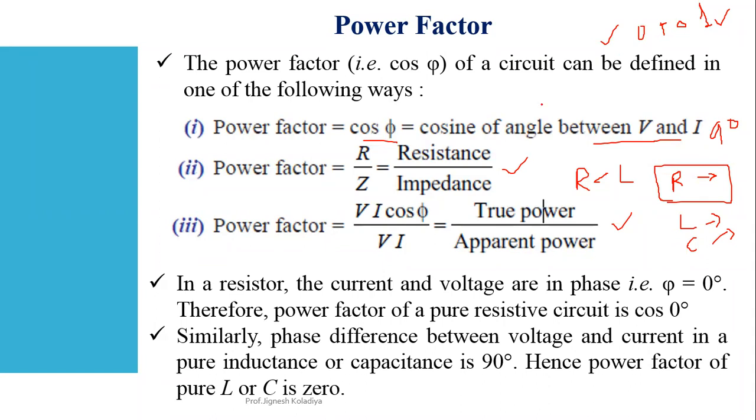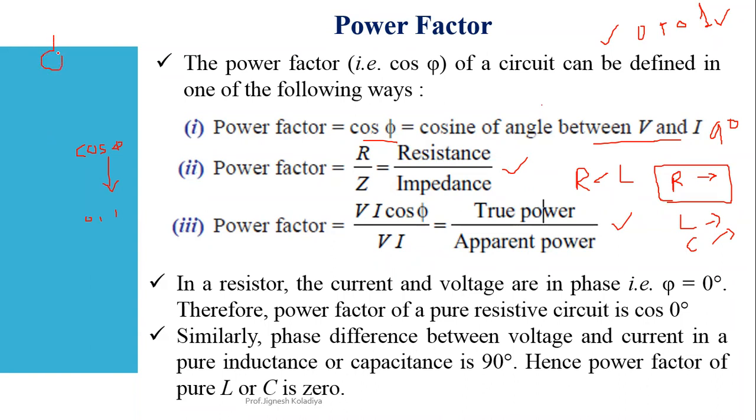So what is the meaning if I say cos phi equal to 1 and cos phi equal to 0? Suppose this is our circuit.